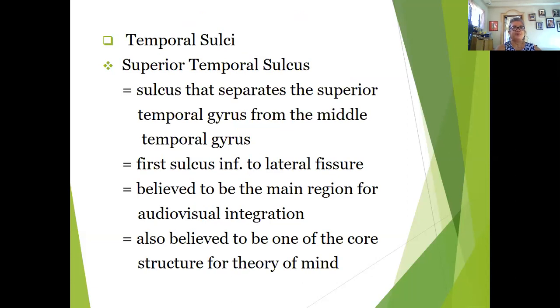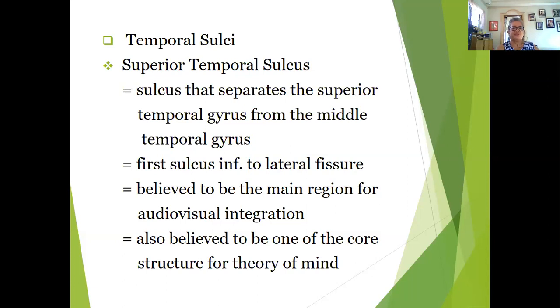Then you have the temporal sulci. There you have your superior temporal sulcus, which is parallel to your lateral sulcus of Sylvius. So this will separate the superior temporal gyrus from the middle temporal gyrus.